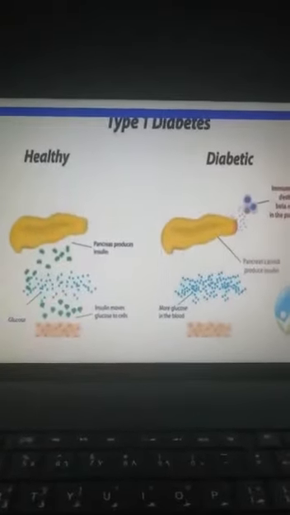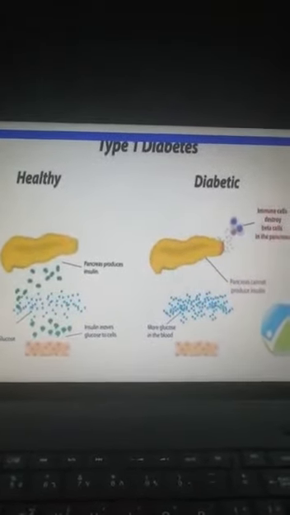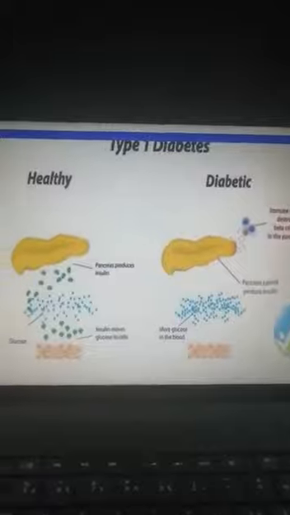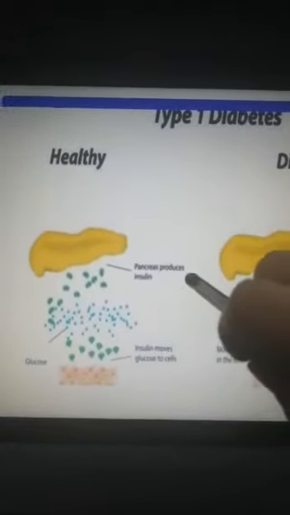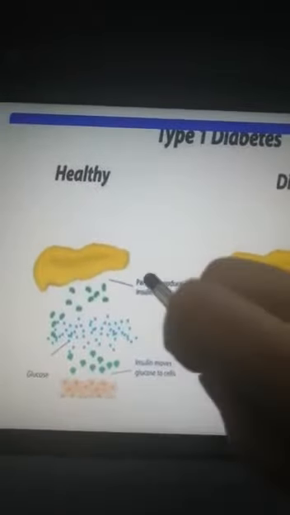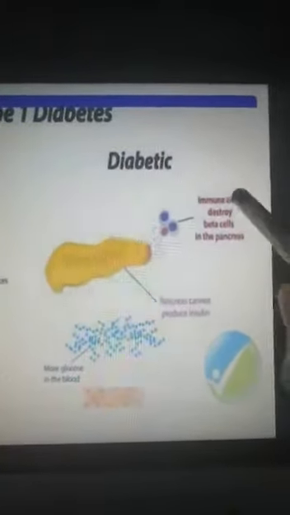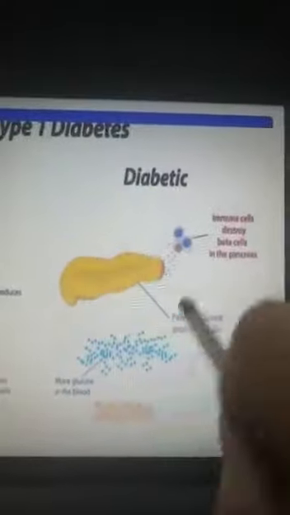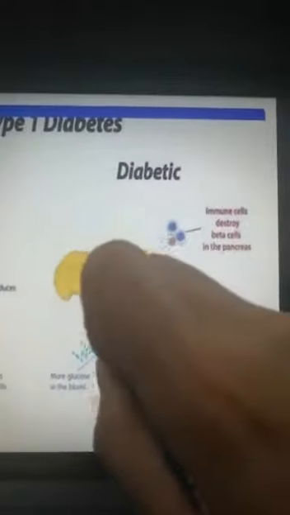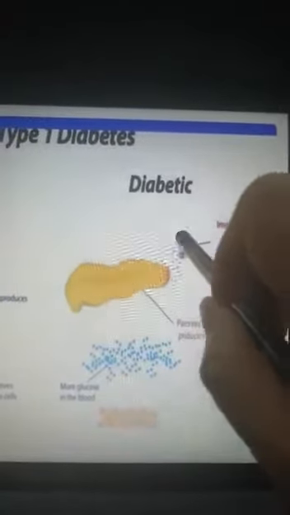Let's know the difference between a healthy person and a diabetic person. A healthy person has a pancreas that produces insulin. But in a diabetic person, immune cells destroy beta cells in the pancreas.